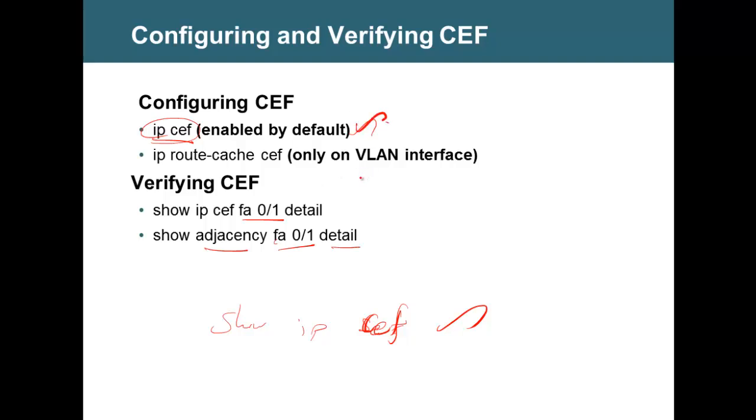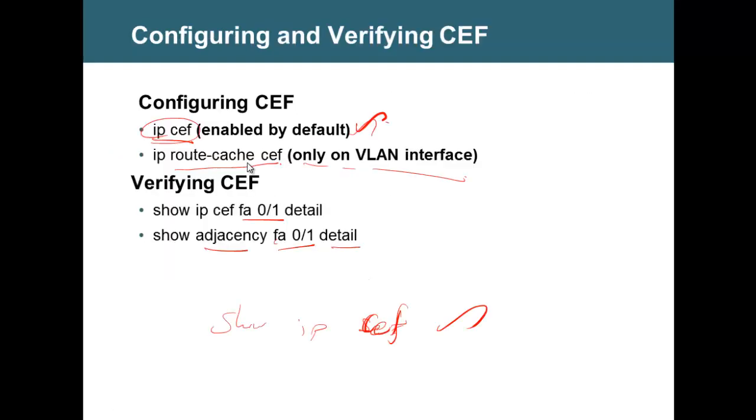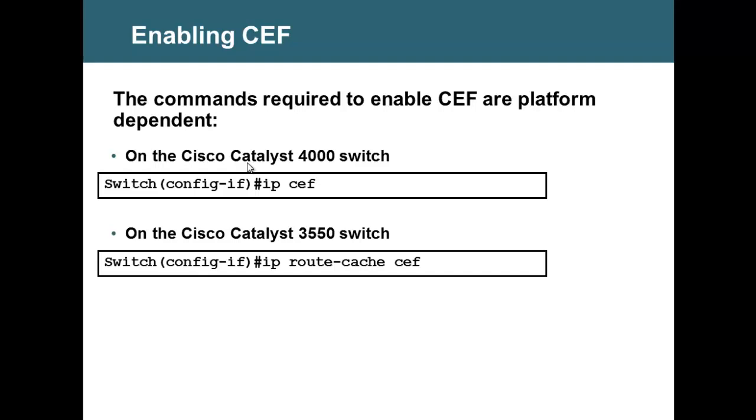If you want to enable CEF only for an SVI, only for a VLAN interface, use ip route-cache cef. But the good news is CEF is already enabled. This is just a good to know topic. We are not going to do anything with CEF at this level.